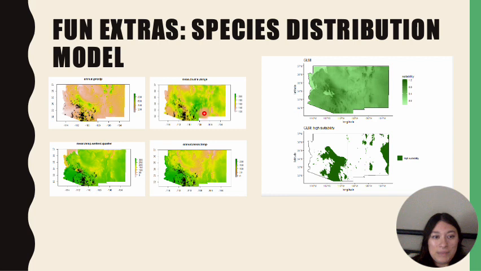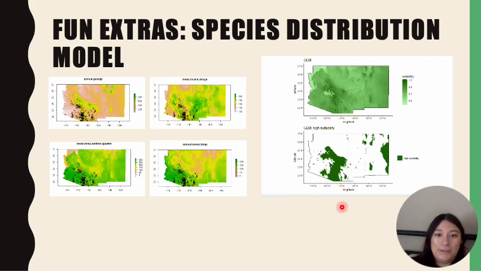The mean diurnal range, however, didn't really prove to be consistent, at least for me, because they occurred in low mean diurnal ranges, which is usually an indication of a humid environment. So that was unexpected, but still interesting. And then for the suitability model, I chose to do the generalized linear model.